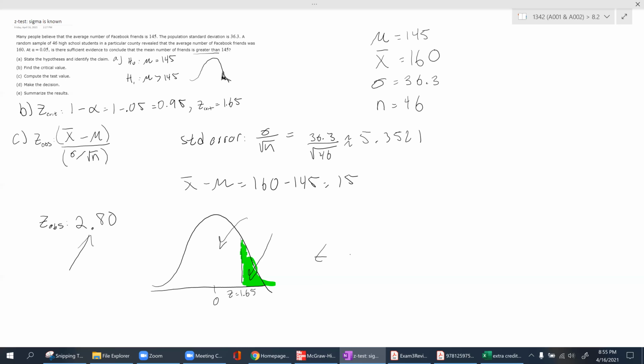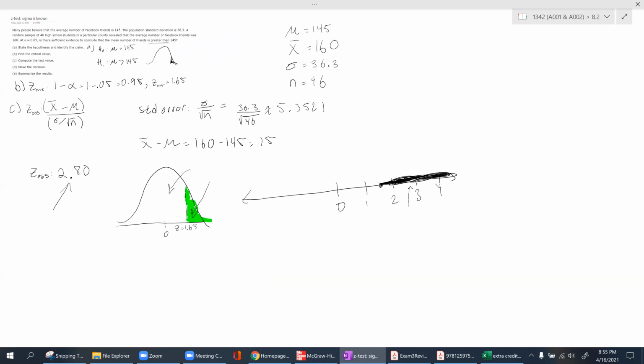One way to see it is that this is just a number line with 1, 2, 3, and 4. 1.65 is approximately here, and it includes everything there. Anything within this region is in the critical region. Well, 2.80 is definitely in that region. It is in the green zone.